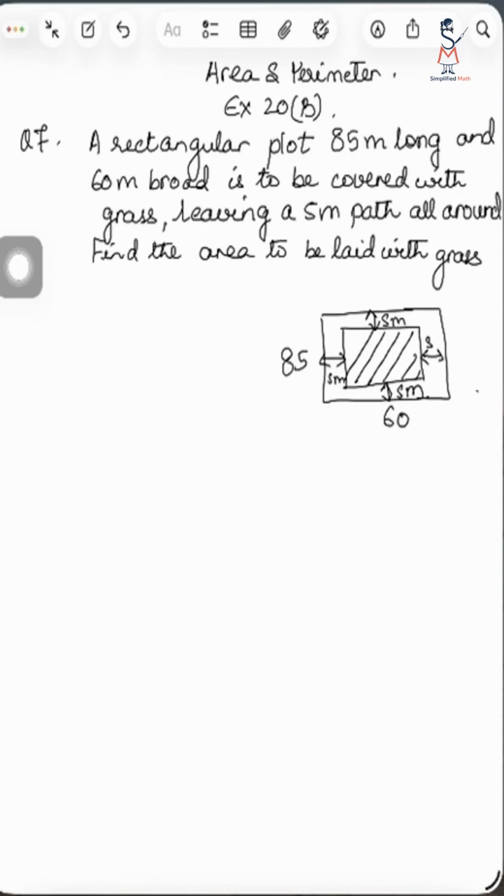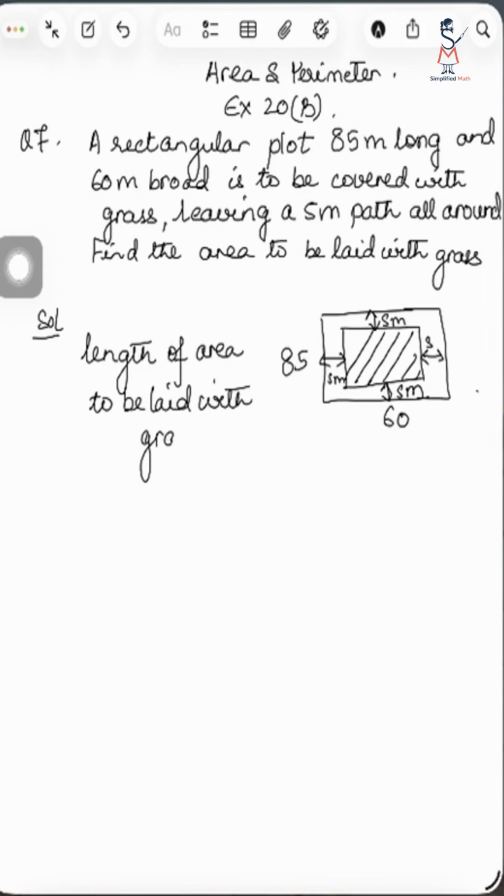So very simple. What will be the length of area to be laid with grass? The length of the area to be laid with grass will be from initial length.